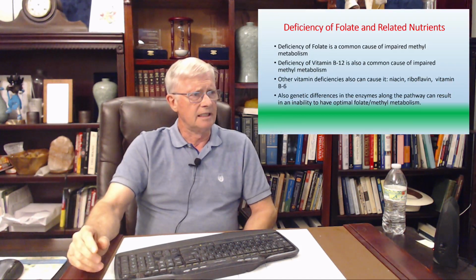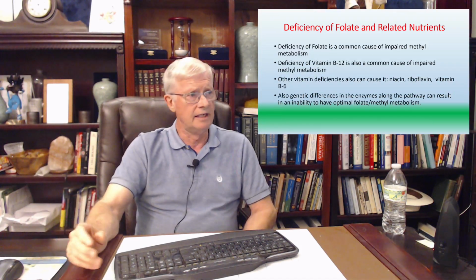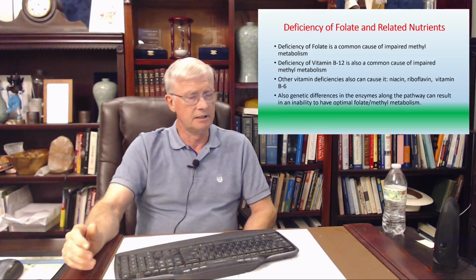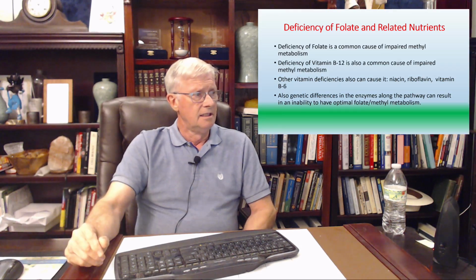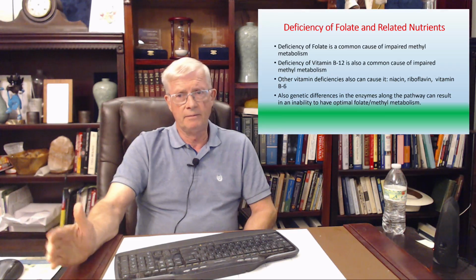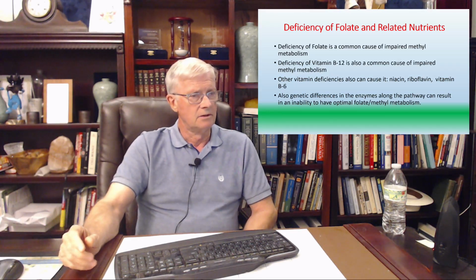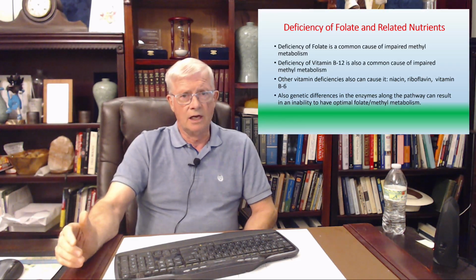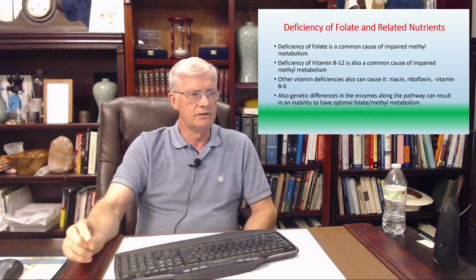Now, deficiency of folate is a common cause of a lot of things, and of course, the impaired methyl metabolism, because that's what it does. Deficiency of vitamin B12 is also a common cause of impaired methyl metabolism or carbon metabolism. Other vitamin deficiencies also cause it, but to a lesser extent.